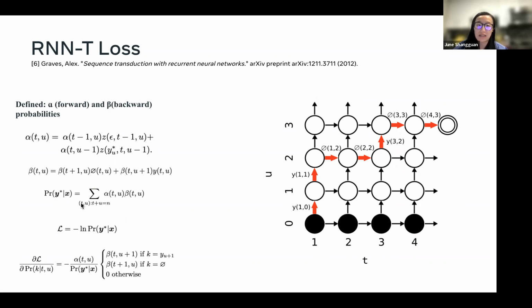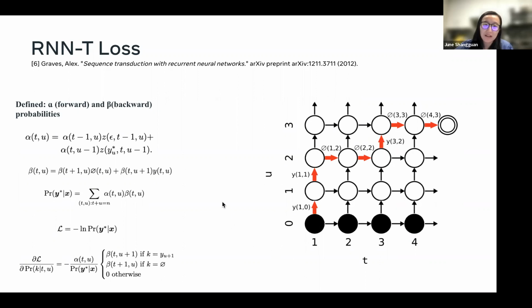And so you can represent the loss function as the negative log of the probability. Because of that, you can do a differentiation and get that the gradient is basically the forward probability times the backward probability, only if the backward probability is on its alignment path.